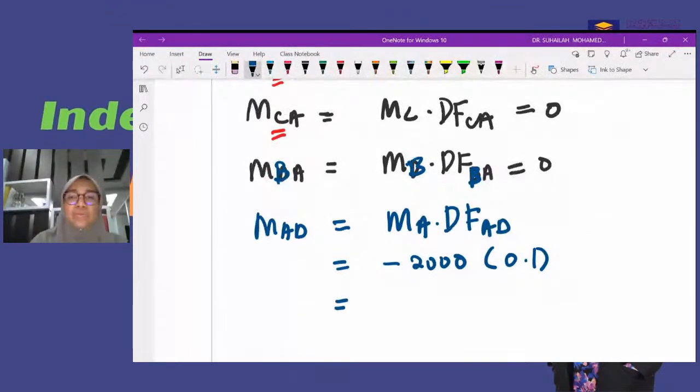So we get negative 200 kilonewton meter.